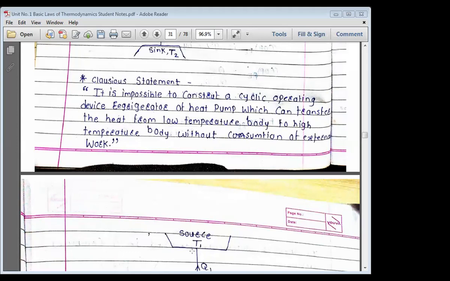Done, sir. Good, Abhishek. Your writing speed is good. Others, please don't.